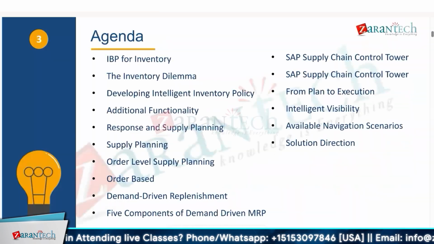We'll just quickly start off with the agenda. This topic mainly focuses on the inventory and supply planning functionalities. So IBP for inventory, then the inventory dilemma, then what are the inventory policies, and what additional functionalities does IBP offer in inventory planning, then response and supply planning, then order level supply planning, demand driven replenishment, DDMRP, which we discussed a little bit, then the five components of demand driven MRP, and so on and so forth.